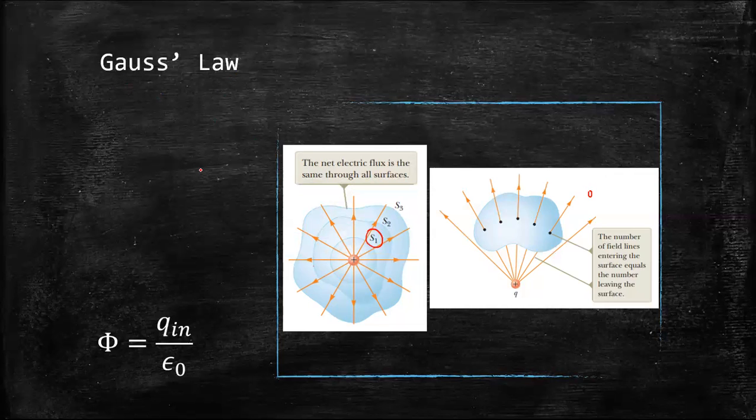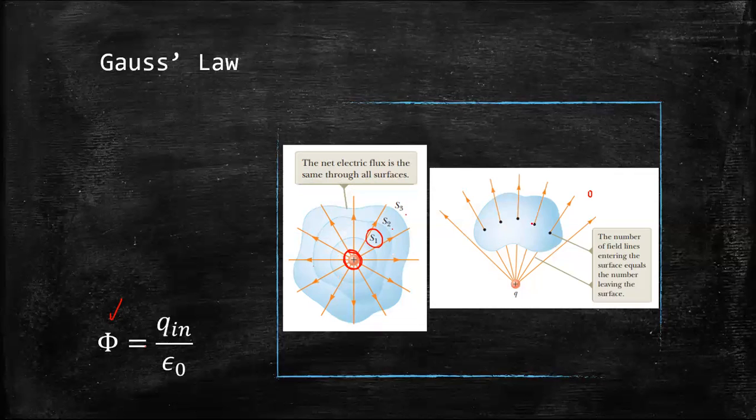Gauss's law for electric field states that the flux through a surface is proportional to the charge within that surface. So we'll see that for surfaces S1, S2, and S3 on the left, they're all positive and they are all exactly equal because the charge enclosed in those surfaces is always the same.